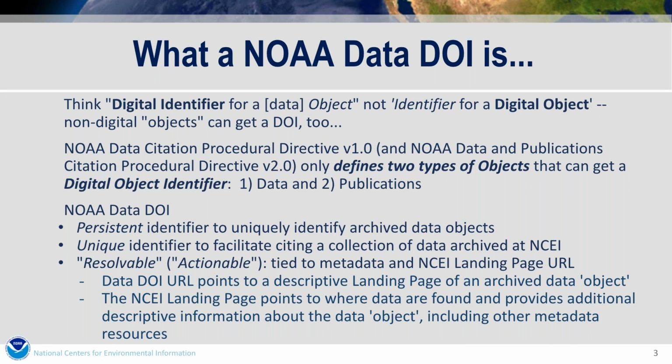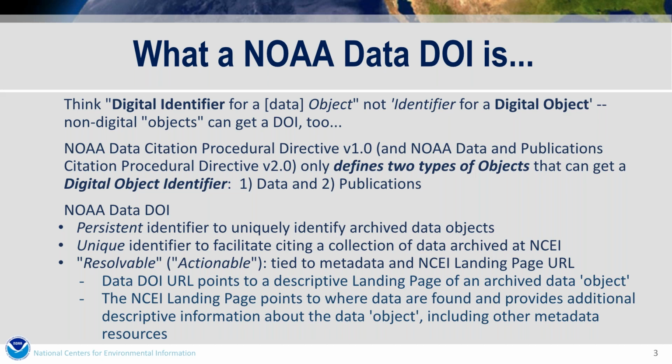It's a unique identifier so that it points always to the same archival object at NCEI, and it's actionable or resolvable. When you follow that link, when you use that DOI, it will always point to a descriptive landing page for the data object that is identified and linked to the DOI.